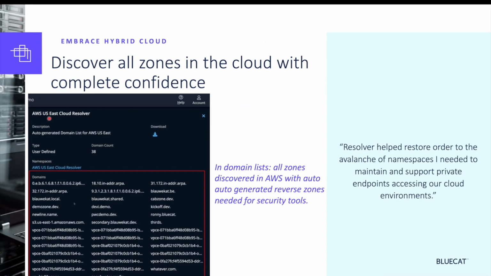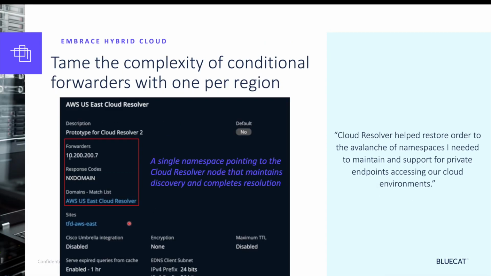So in this case, we see all of these domains were discovered, and then the forwarders are the Cloud Resolver instances, which we can see here at 200.7. In this case, all queries for this domain or for this region go to this Cloud Resolver because it knows how to resolve it.